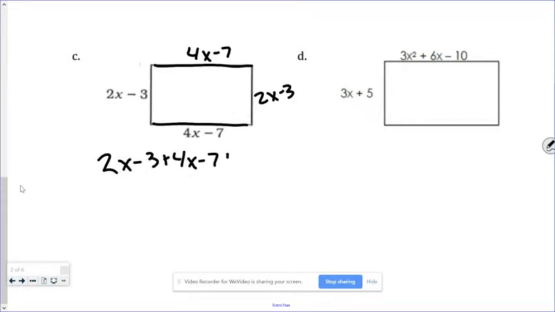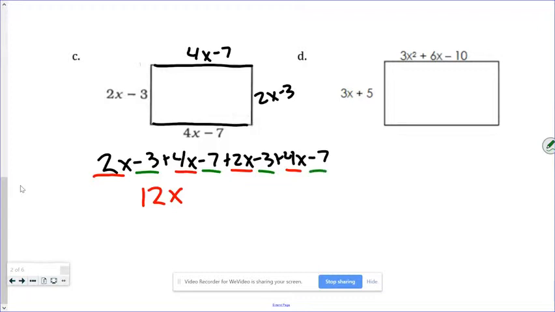If I want to write them all out first, that's fine. All right, let's underline all of our like terms. So I have the x's. So 2 plus 4 plus 2 plus 4 should be 12x. My numbers, -3 minus 7, -3 minus 7 would be a -20.